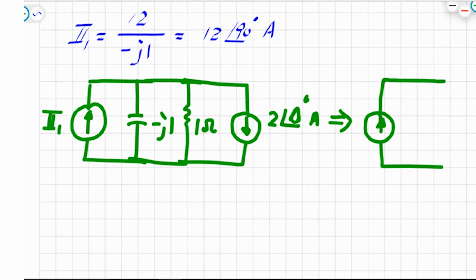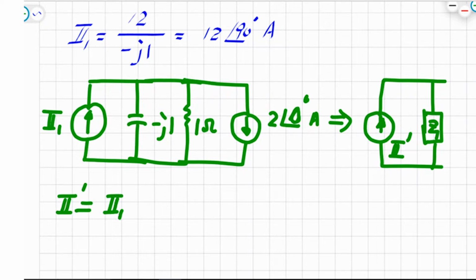Our objective: what is VO? Just one element here, which is a combination of the resistor and capacitor. We're going to call this Z1. And this current source here, I'm going to call this I prime, where you can see clearly the I prime is equal to I1 minus the second one here, because I'm using the same polarity as I1.